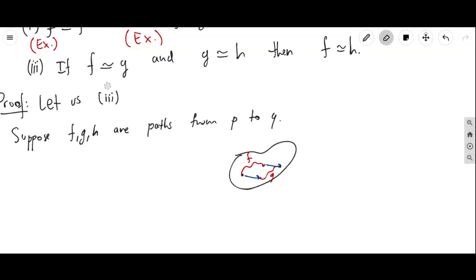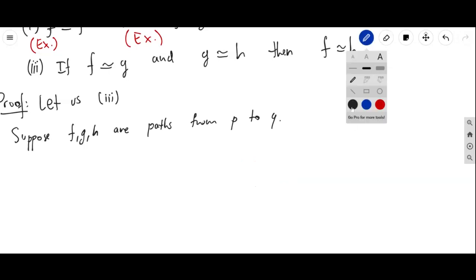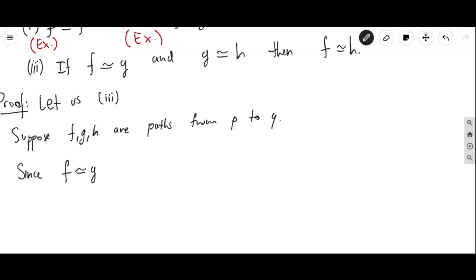So whenever we write F homotopic with G, it is automatically assumed that they start and end at the same point. So, okay.